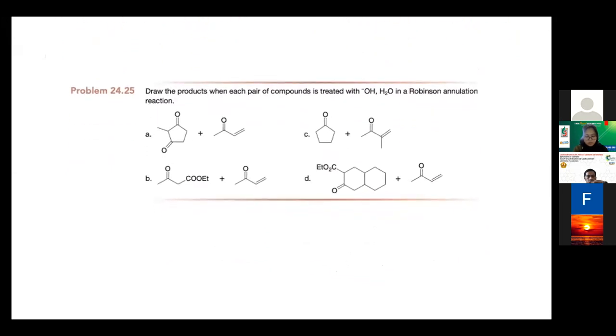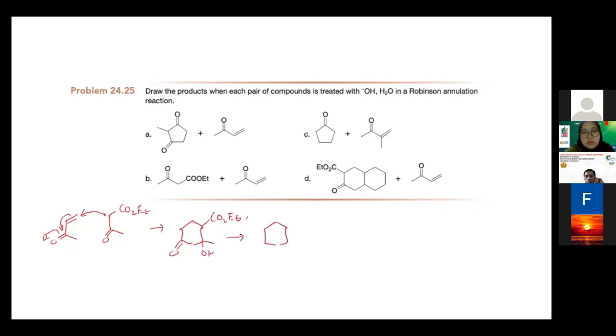And the next, B. Michael reaction, and elimination of water.